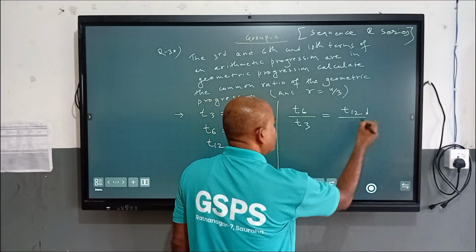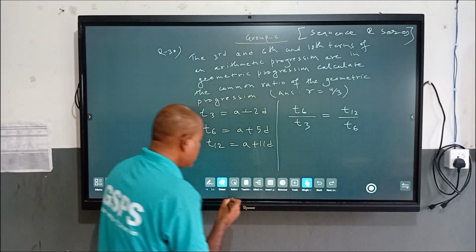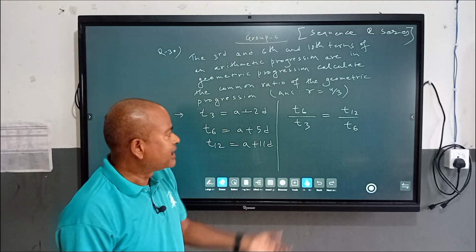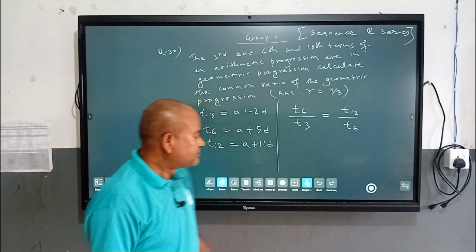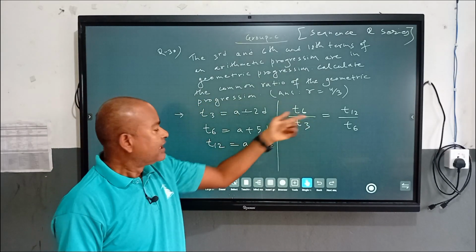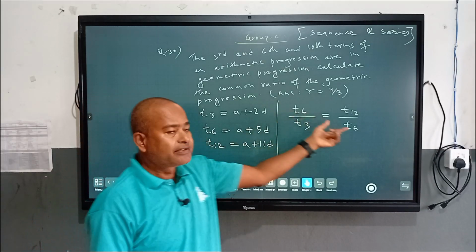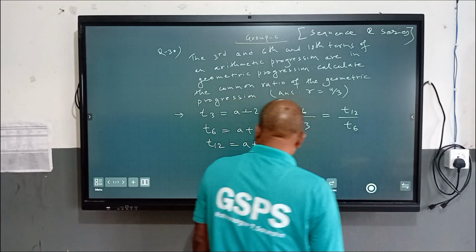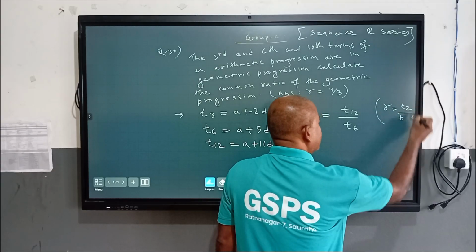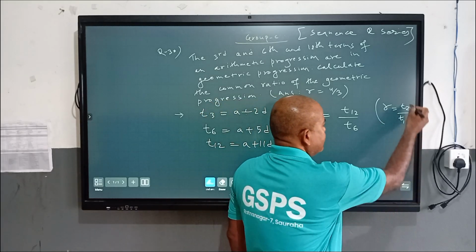Dear students, according to the definition of geometric progression, a progression is geometric if the common ratios are the same. So the common ratio of T3 and T6 we can write as T6 by T3, and the common ratio of the other two terms we can write as T12 divided by T6. We know the common ratio of a geometric progression is given by the formula r equals t2 divided by t1.